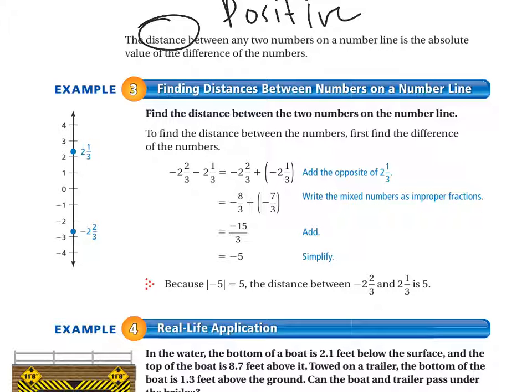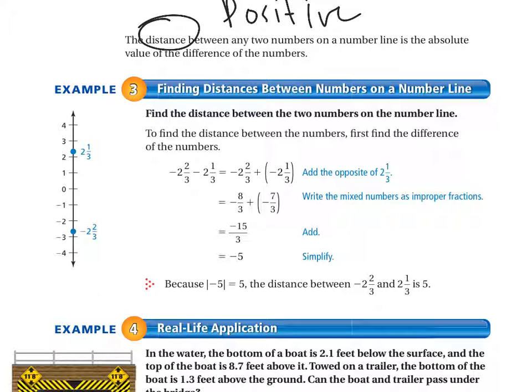I am personally not a fan of the way that they set this up. They took a -2 and 2/3 minus a -2 and 1/3, which is going to give you a negative. Now, if it's distance, it can't be negative, so your answer has to be positive.